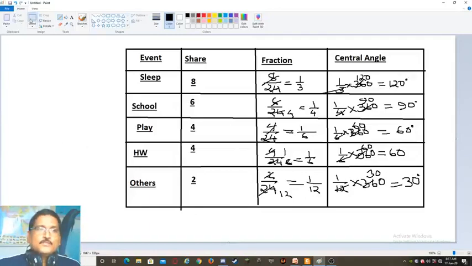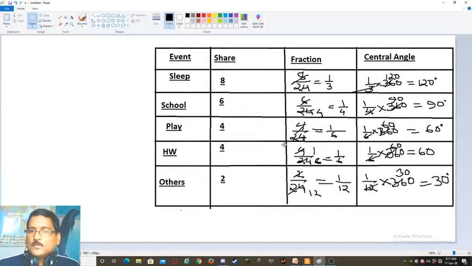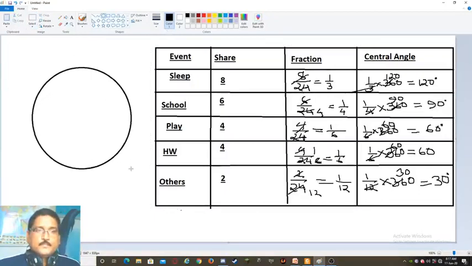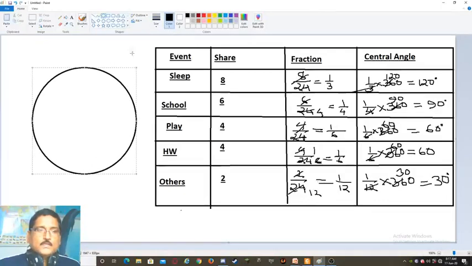How will you do it? I will draw a circle. Okay, denote its radius. Say the center is here. Clear?